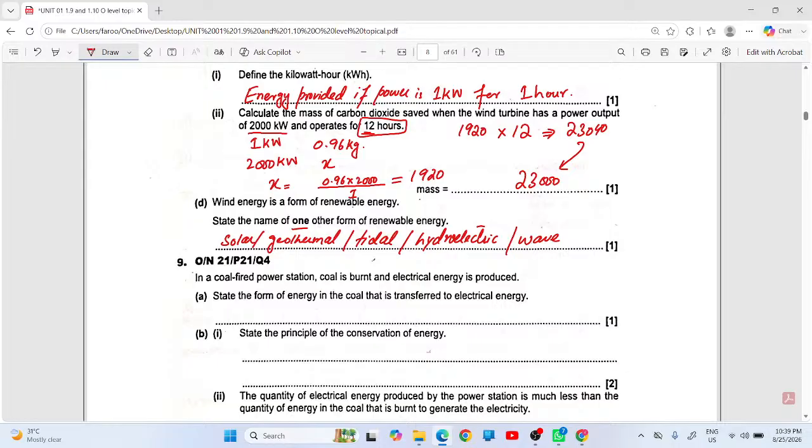In a coal-fired power station, coal is burnt and electrical energy is produced. State the form of energy in the coal that is transferred to electrical energy.